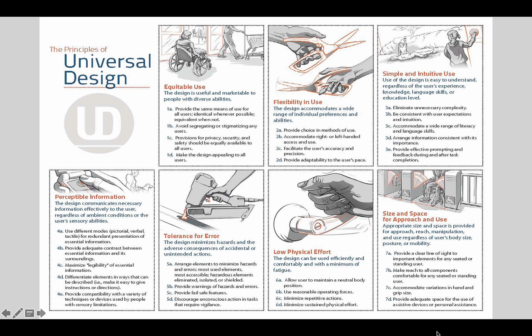Universal design makes the space accessible for all using the following principles: equitable use, flexibility in use, making things simple and intuitive, perceptible information, designing for tolerance for error, ensuring low physical effort is needed, and considering the size and space for approach and for use, as you see on the image here on the screen.